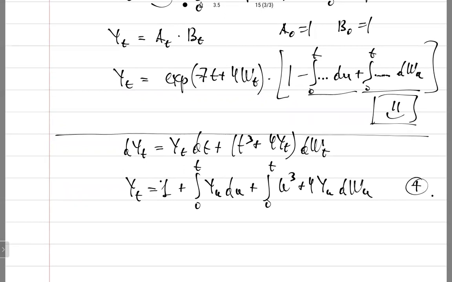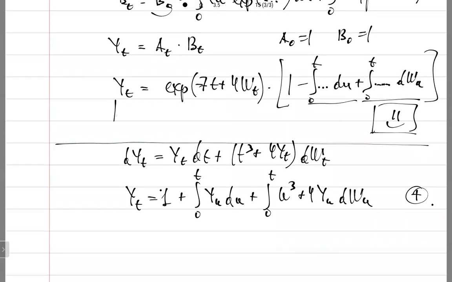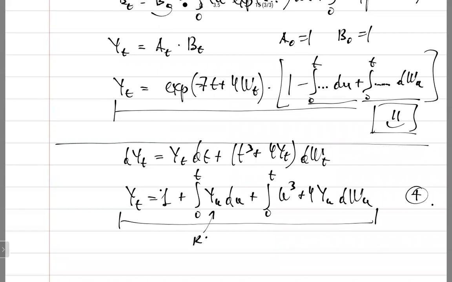But the problem is that we cannot say why my answer is some kind of solution and this is not a solution. Two integrals there, two integrals there. What's the difference? The difference is that the right-hand side contains Yu, which is unknown. So it is a stochastic integral equation.